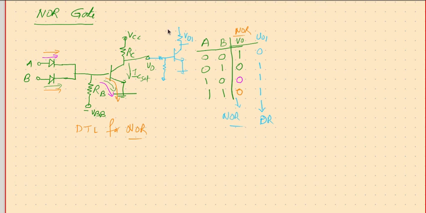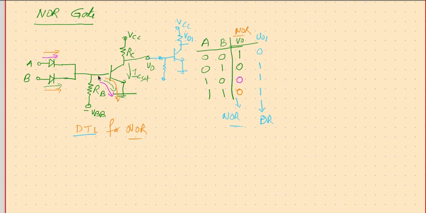So this arrangement will ensure to get a NOR operation at this point, OR operation at this point. So using just diodes and transistors, that is diode transistor logic, DTL implementation, we can do NOR gate.